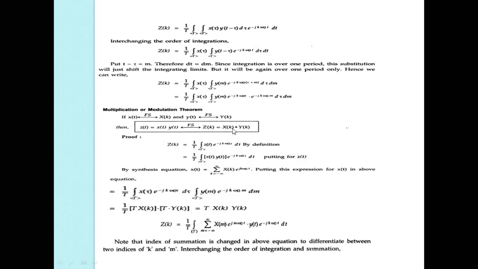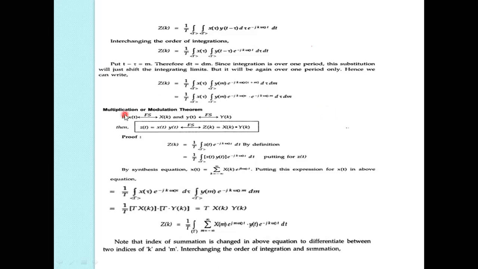What is the frequency here? Frequency is convolution. Previously in the convolution property, time is convolution, frequency is multiplication: x of k, y of k with the T, capital T, the time period.